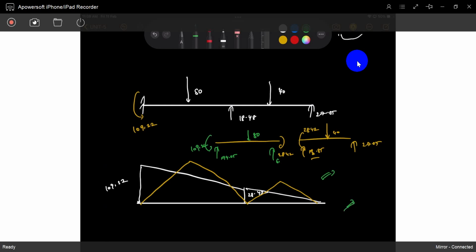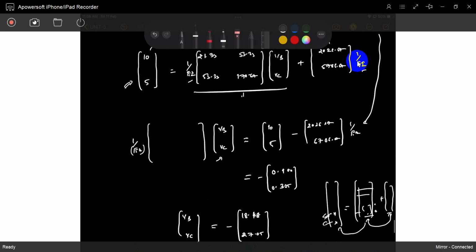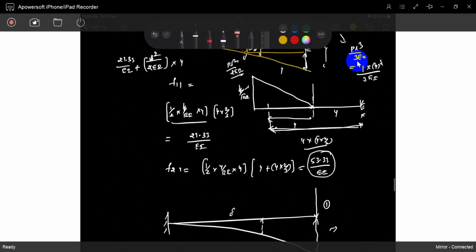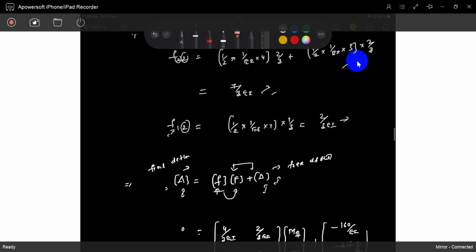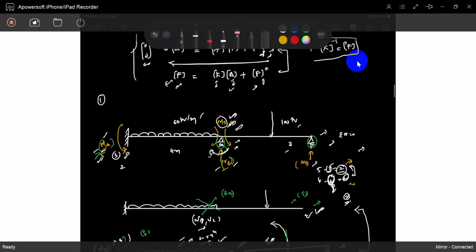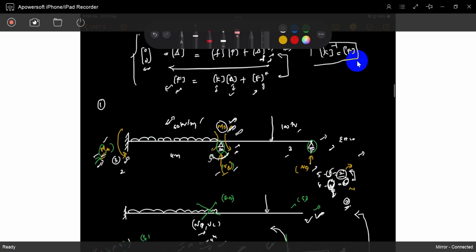Now I will give the assignment. You can solve the same problem. The loading is what we assumed in the previous problem. You have to take this loading and do the same problem, so you can find out the deflections. That is the only small flexibility matrix part. Everything is the same.